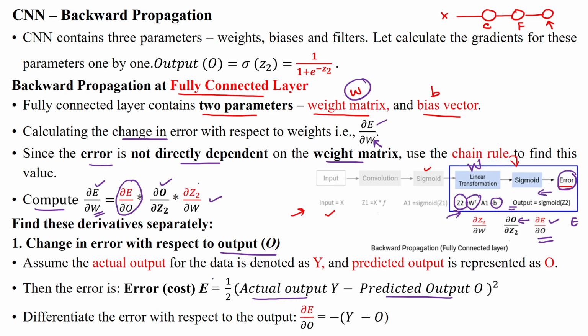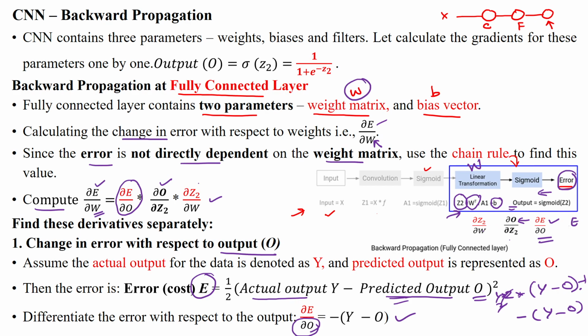When you are applying partial differentiation with respect to output, the predicted output is indicated with O. So dou E divided by dou O equals, when you apply this, 2 into, since 1 by 2 is already here, 2 into y minus O, into minus 1. So that is what we get when taking 1 by 2 into 2. So minus of y minus O. That is the term we get here.